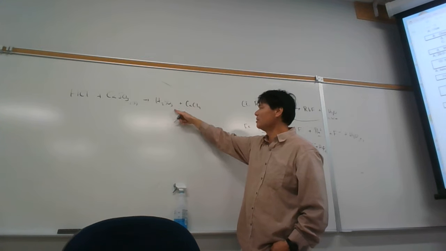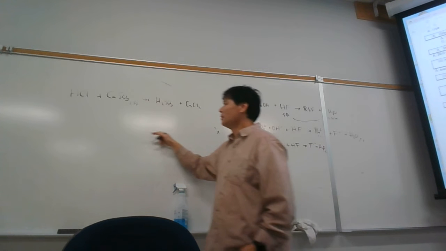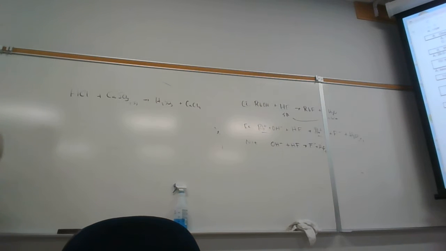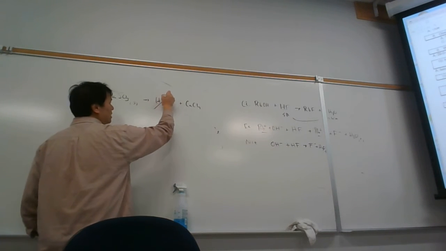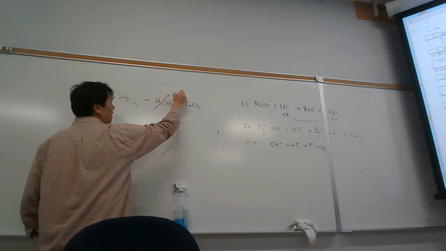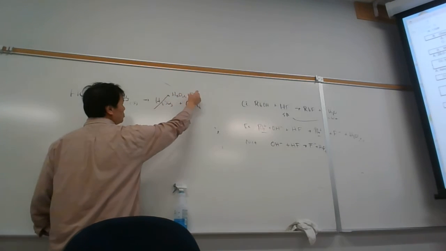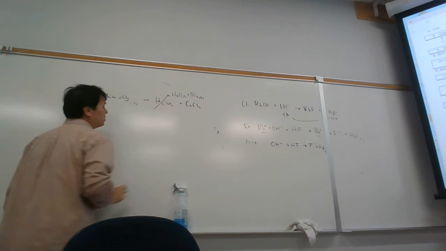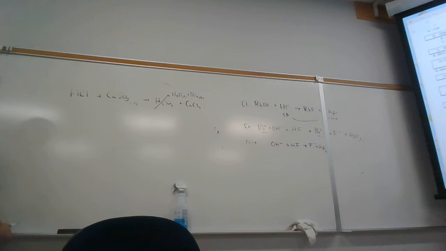This is soluble, so we get no precipitate here. But we do have gas formation because sulfurous acid is unstable. And so what I do is I'll just cross it out and instead write H2O liquid plus SO2 gas. And so the driving force is the formation of SO2 gas. To balance it, I'll need 2 HCl's, and then it should be balanced.